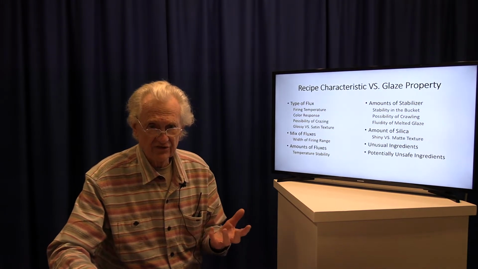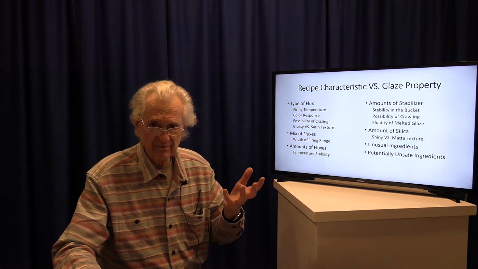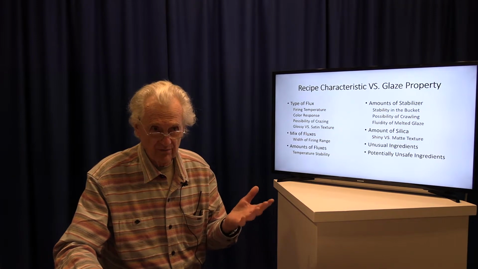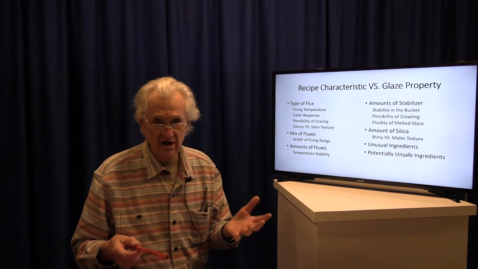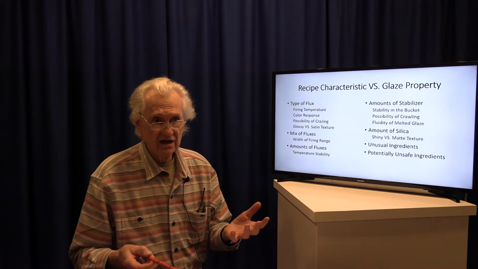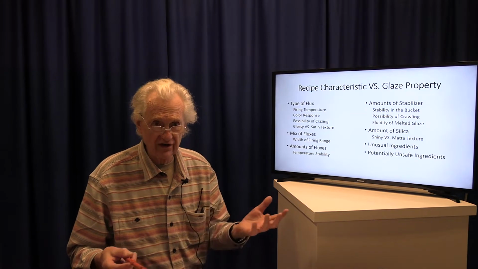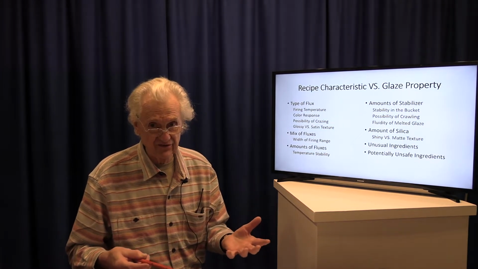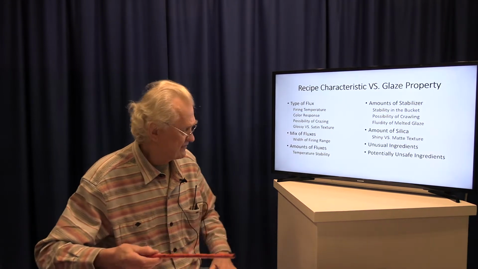The stabilizers, which are mostly aluminum oxide, are what help keep the glaze from being too runny when it's melted. And finally, the glass formers, and this is really the bulk of the glaze. Silica is the primary glass former that we're dealing with, and all our glazes are basically silicates of some kind or another. They're predominantly silica plus some other stuff.